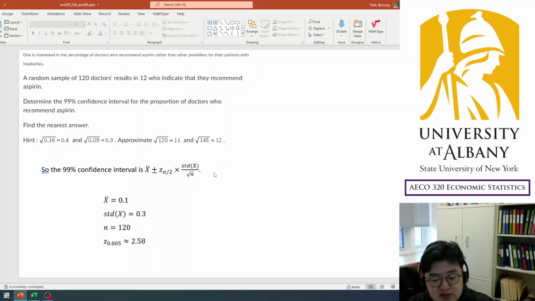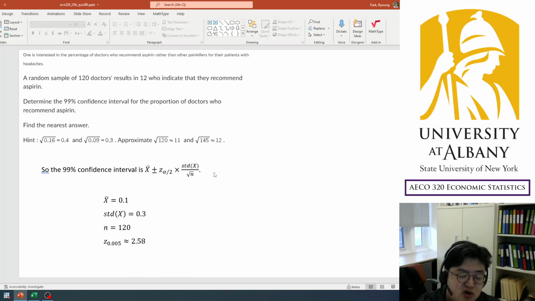Okay, so as you see, this chapter is really, really important and very useful. It is about estimation. But the takeaway is really simple. The formula and the margin of error, as long as you understand that, calculating them is pretty simple.